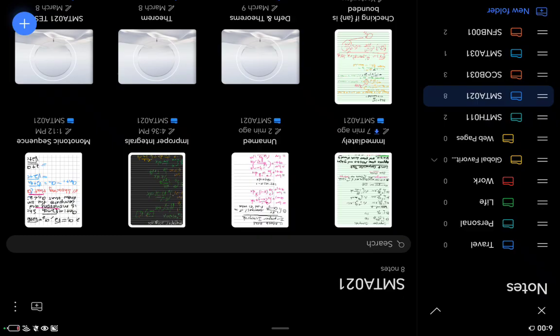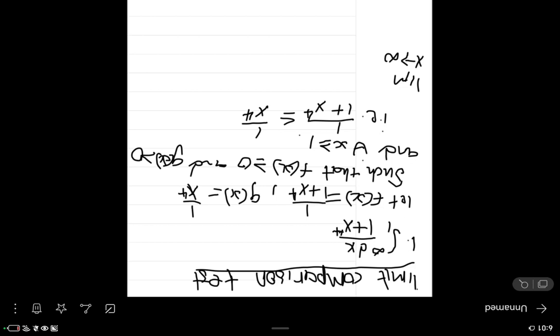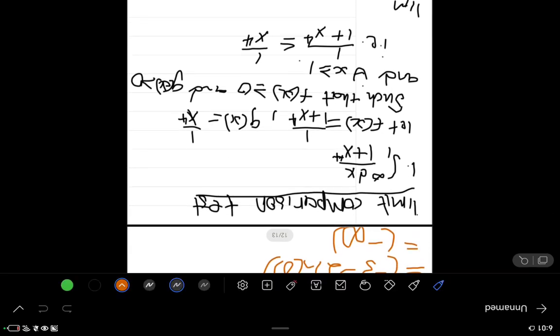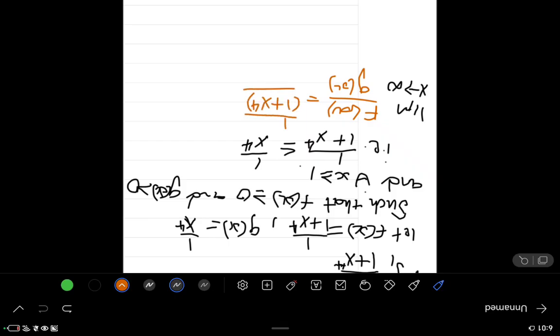We're finding the limit. The limit of f of x over g of x, which would be equal to 1 over 1 plus x to the 4, all over 1 over x to the 4.